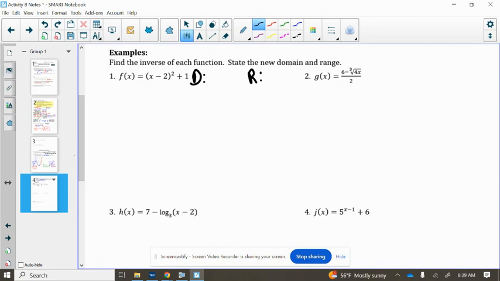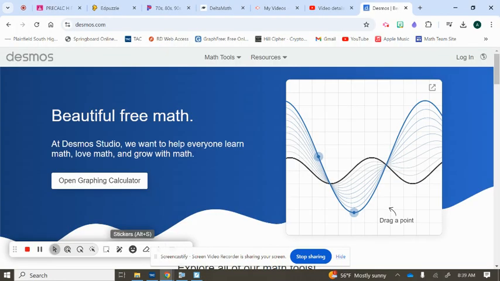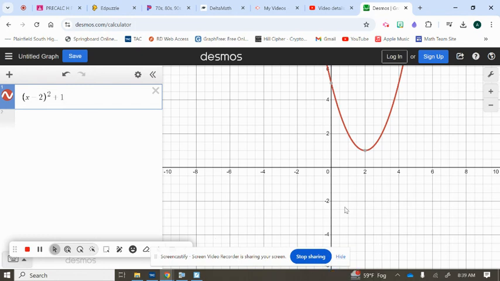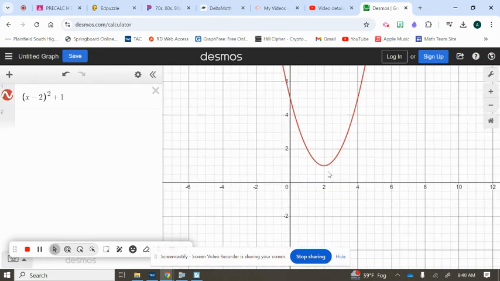You can either use a graphing calculator, or if you don't have a calculator, I highly recommend Desmos, a great tool. We have this original function of (x - 2) squared plus 1. And we see this function is one of them that is not currently passing the horizontal line test. Okay, womp womp.